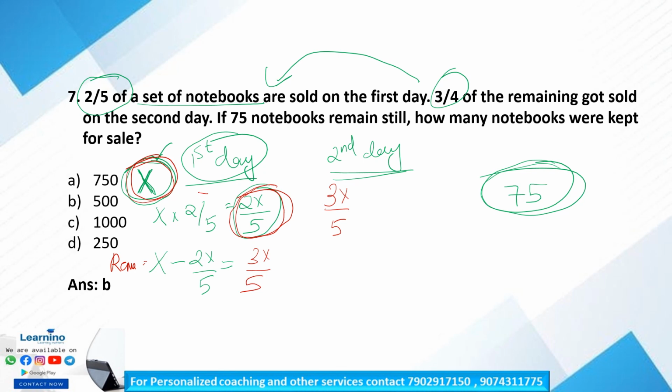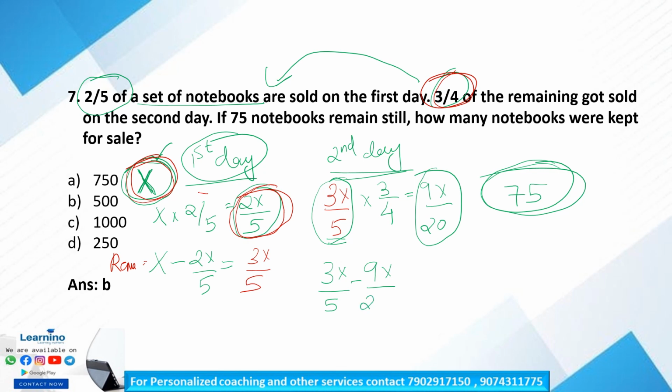On the second day, 3 by 4th of the remaining got sold, so we have 3x by 5 remaining. So 3 by 4th of the remaining are sold. 3x by 5 into 3 by 4 is equal to 9x by 20. So the remaining is the initial amount minus the sold amount, that is 3x by 5 minus 9x by 20.